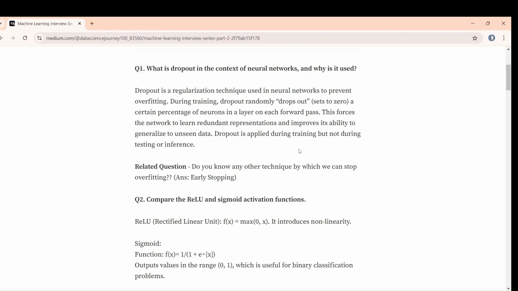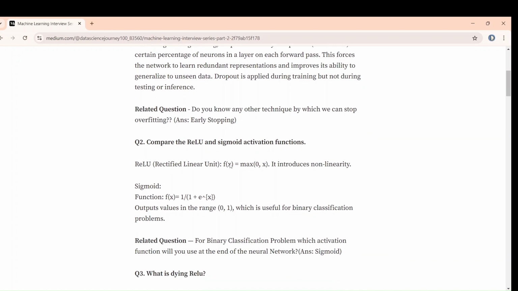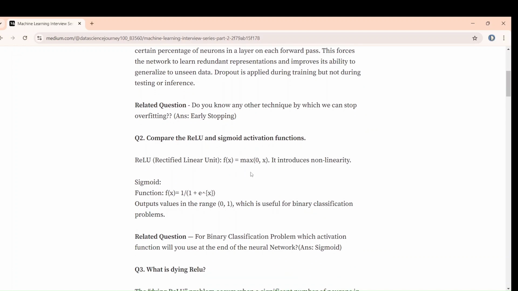Now you know that every activation function has different advantages and disadvantages. So the interviewer may ask you anything. You have to tell what the benefits of taking ReLU are and when to use the sigmoid activation function. See, for ReLU the function is max(0, x). It means that if it gets some negative values, then it will set them to 0.